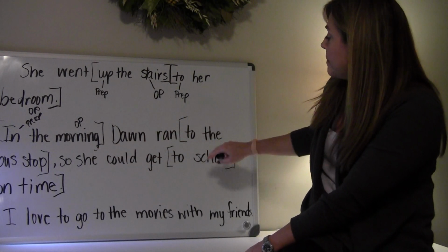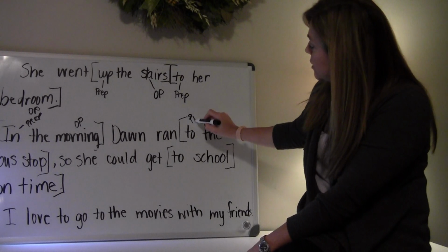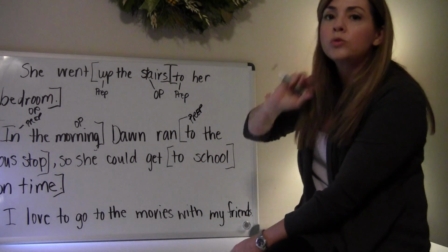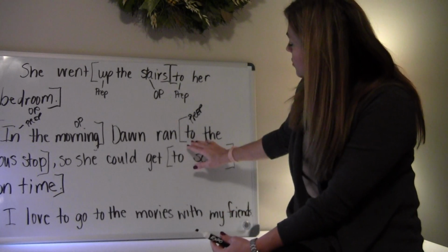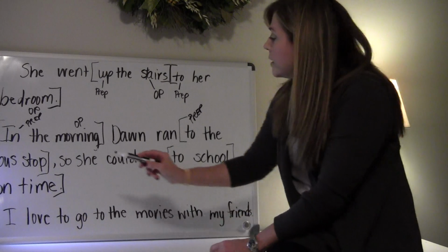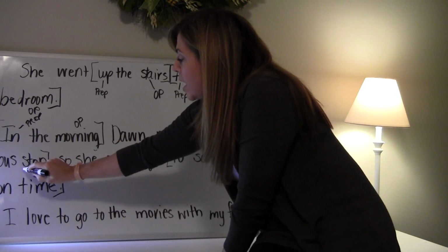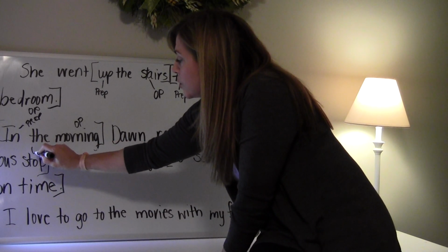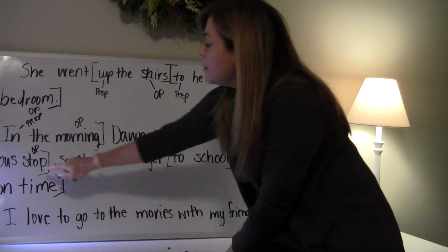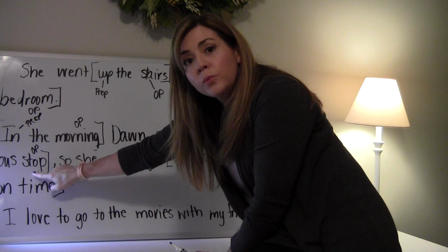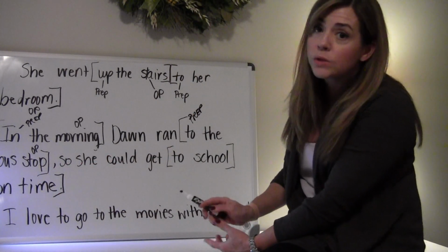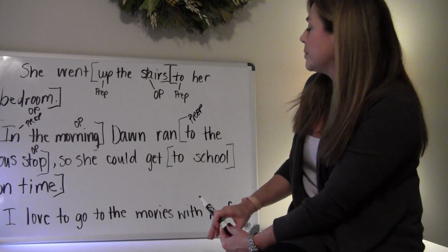To the bus stop, to is my preposition. Okay, this is where it might get a little tricky, and it just depends. You'll get used to it pretty quickly though. To the bus stop, the noun is stop, and this is your OP. Our board is getting really jammed up here. Bus is the adjective that describes what kind of stop. So that's your adjective. It's not the noun, so that's not the object of the preposition.